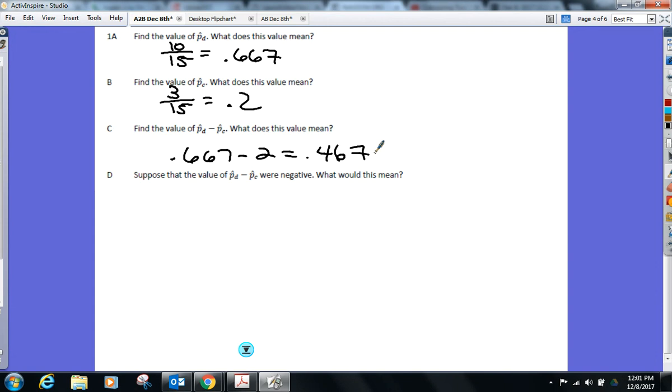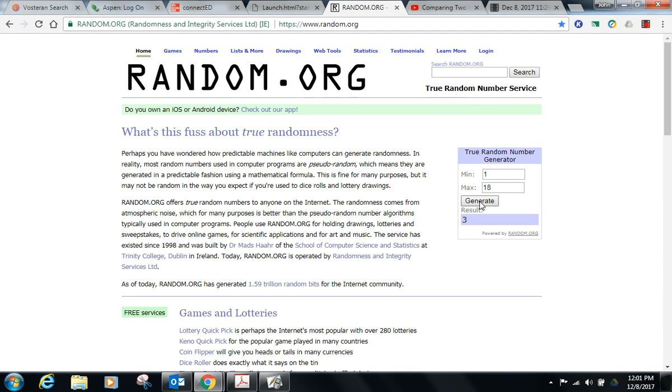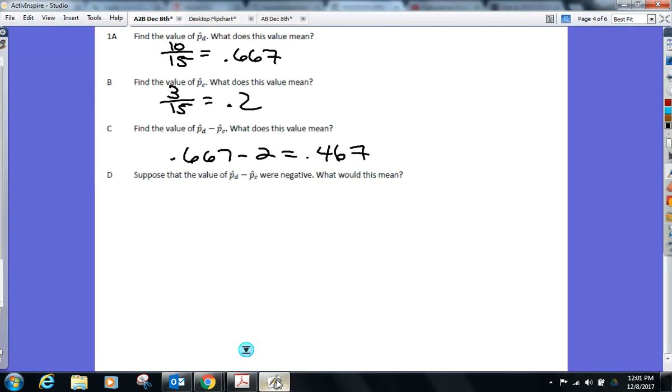What would it mean if this value came out to be negative? Meaning this number was bigger than this one. Right? Because if this number is negative, that means the control has to be bigger than the dolphin one. What would that mean then? I'm not looking for any real right answer here. What do you think?